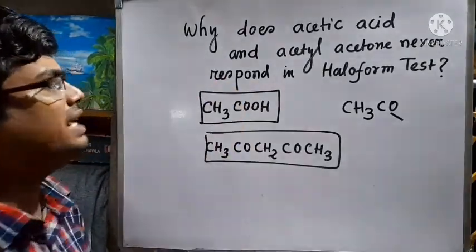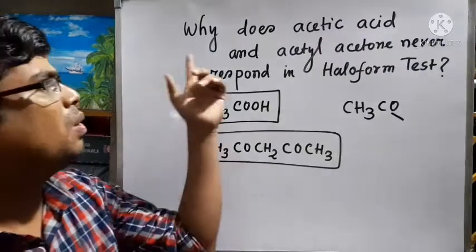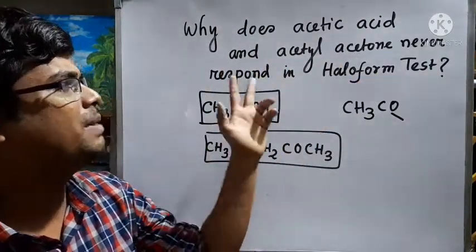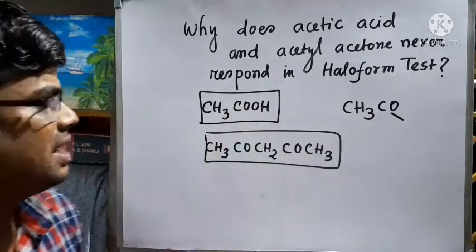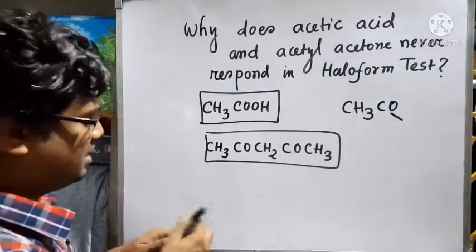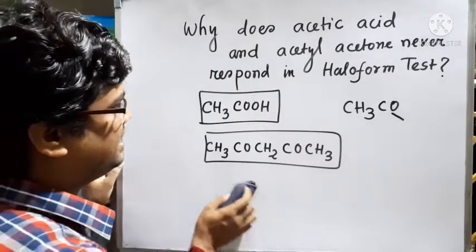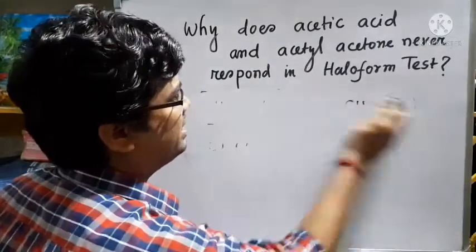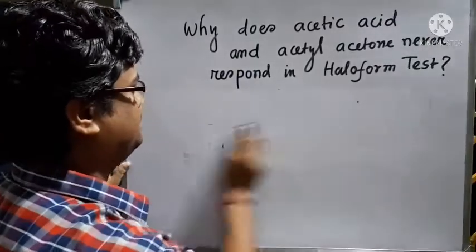So today's burning question is: why do acetic acid and acetyl acetone never respond in the haloform test? Now dear friends, just look at the structures of acetic acid and acetyl acetone. We'll draw their structures in more detail.